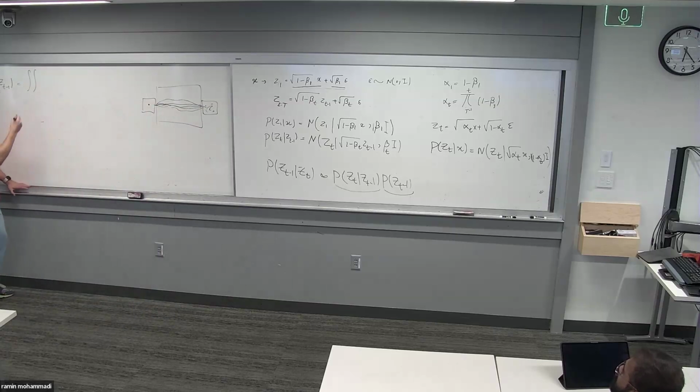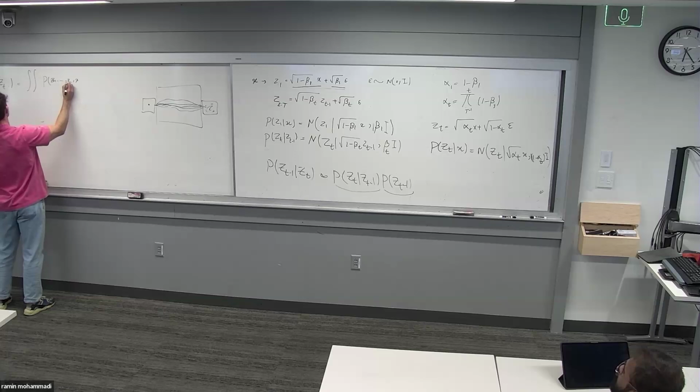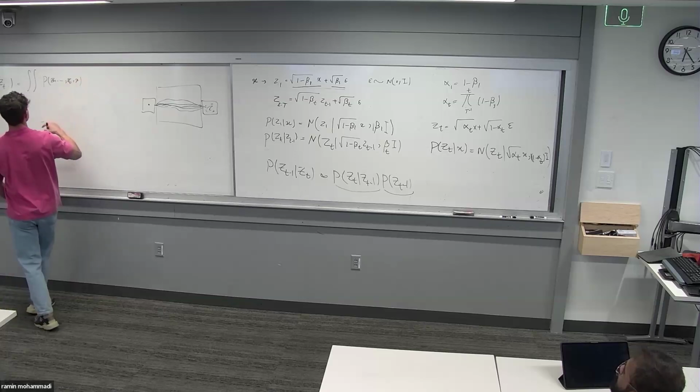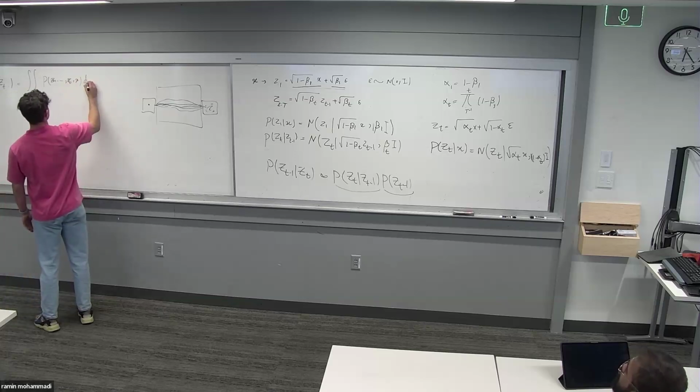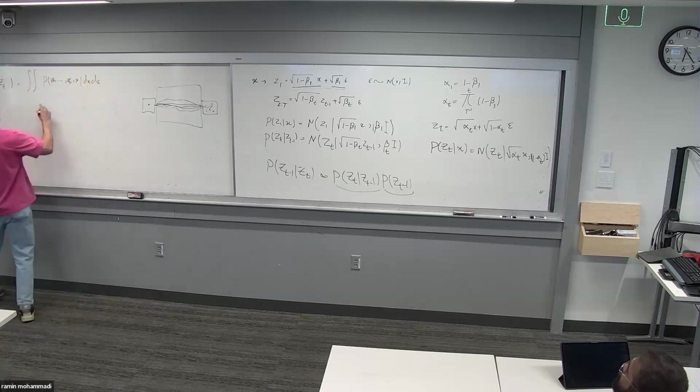So you need to find the probability of x1 through xt, z1 through zt, and x, dx, dz, right? Because it's a joint distribution across all possibilities. And what do we know about the joint distribution in diffusion?